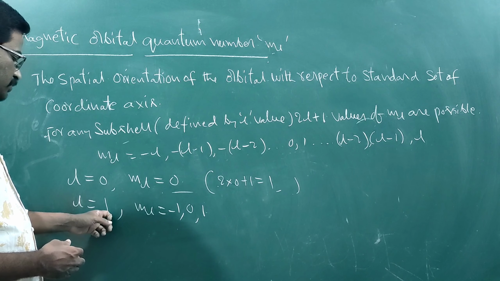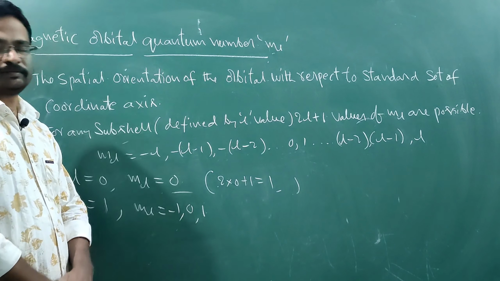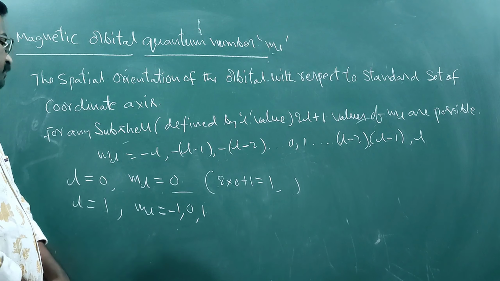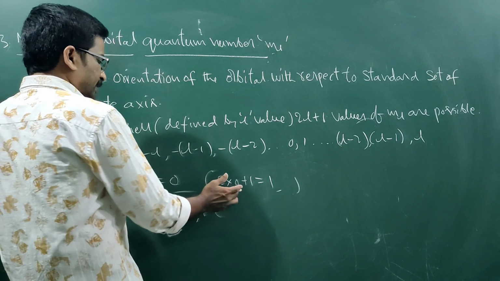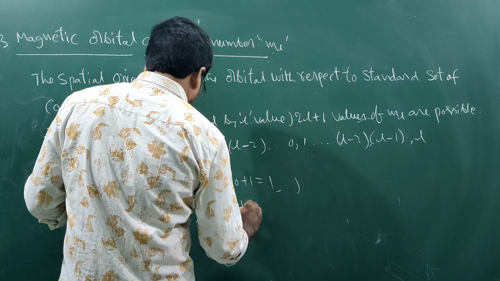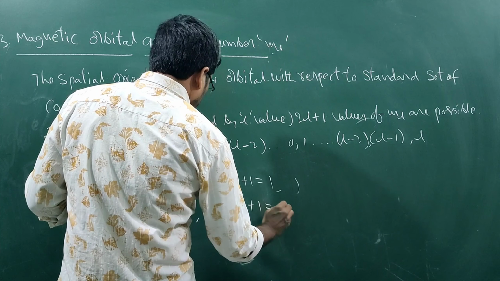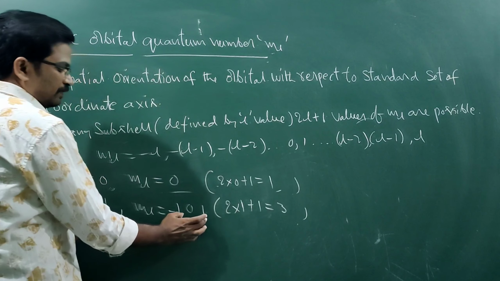So for L equal to 1, the values are minus 1, 0, 1. Put this into the formula, 2 into 1 plus 1. The total number of values is 2 plus 1, which is 3. So 3 values are possible.